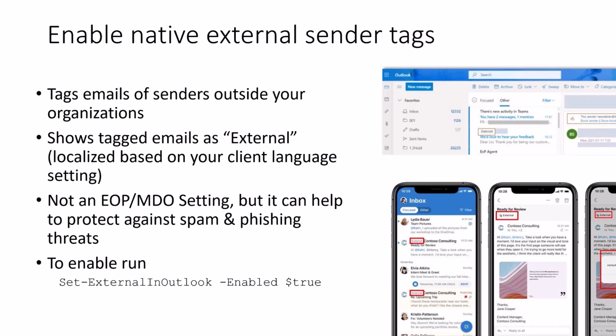We see an external tag showing us that this email came from the external side or from the internet. And then again, we as the end users have to be a bit more cautious about what is included or required of us regarding the information in that email.